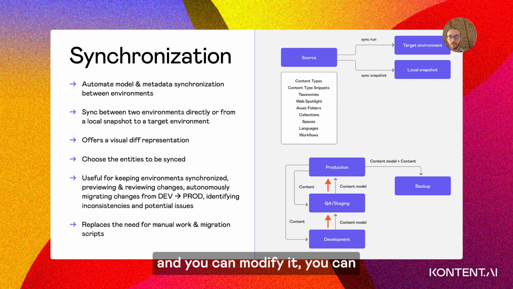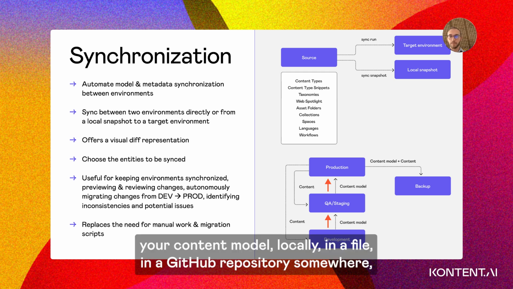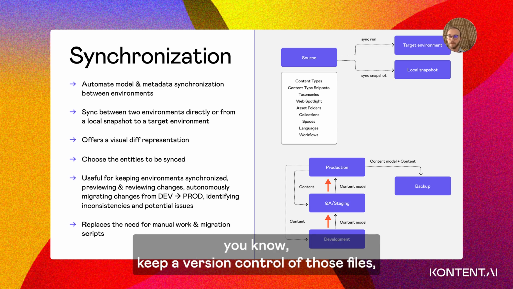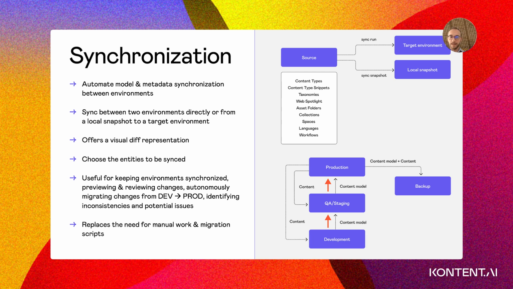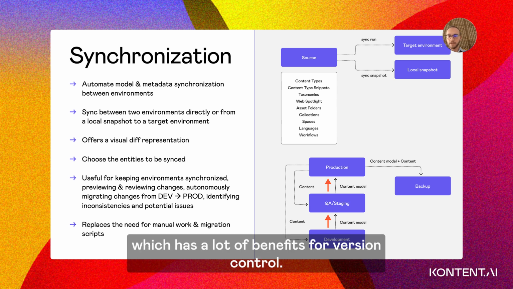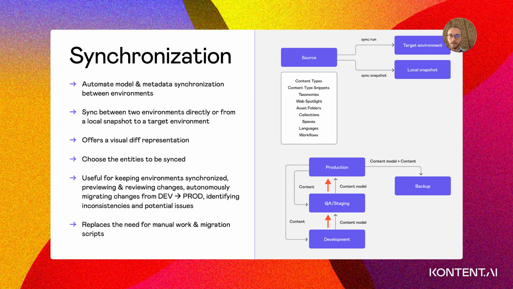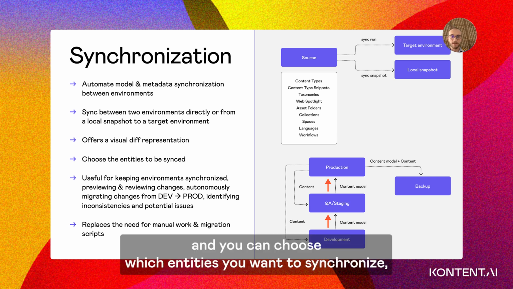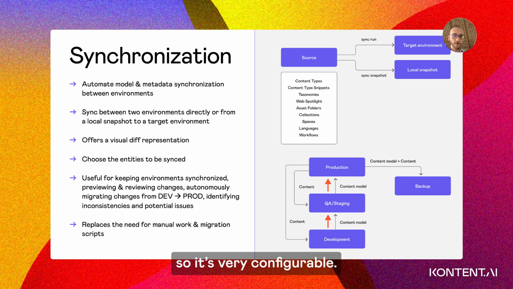You can basically keep your content model locally in a file in a GitHub repository somewhere, keep version control of those files, and you can manually change them and apply them to your environments, which has a lot of benefits in the version control. And also, you can see all the entities that are supported by the synchronization, and you can choose which entities you want to synchronize. So it's very configurable.